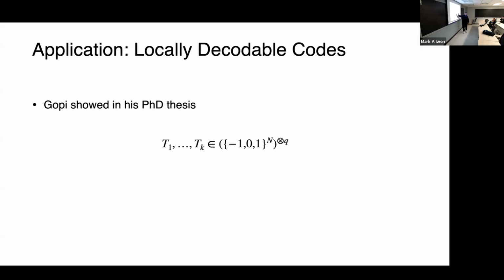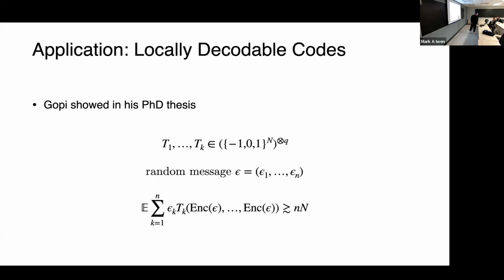Given an LDC, I can define these objects, T_1 through T_k, that are order Q tensors, where each of the dimensions is capital N. And what he showed is, given these tensors, for a random message, where each epsilon_i is a uniformly random Rademacher, when you push that random message through the encoder, I get this longer encoded message, and then I apply that to these T_k's and look at this expectation of epsilon_k T_k.